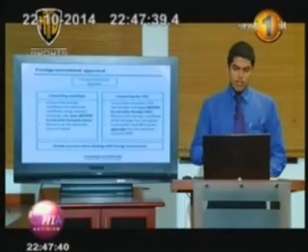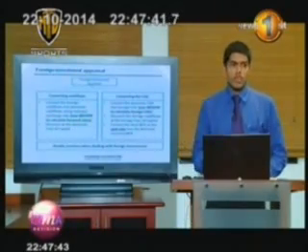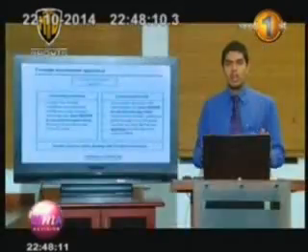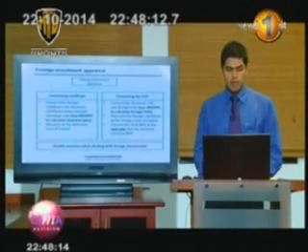However, if you look at the converting the cost of capital approach, first thing you do is you convert domestic cost of capital into a foreign cost of capital. Then you discount the foreign cash flows at the foreign cost of capital and you arrive at the foreign currency NPV. Once you have the foreign currency NPV, you convert this at the spot rate to the local currency NPV. And if you do it right, both methods should give you the same answer.